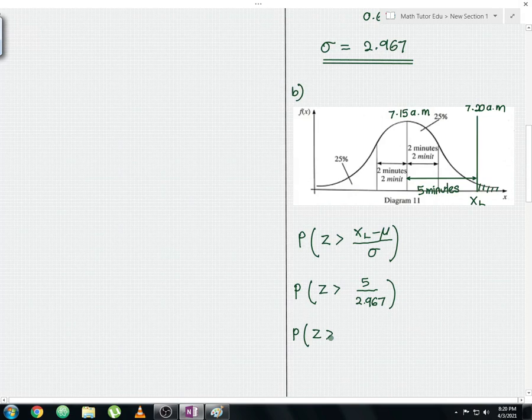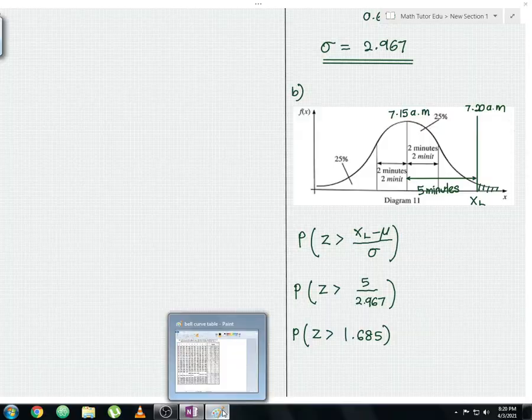So from here you can write your z value in 3 decimal places. Your z will be more than 1.685, close bracket. For the next step, this z value we're going to find in the z table, and then find the respective probability. So let me open up the z table now.